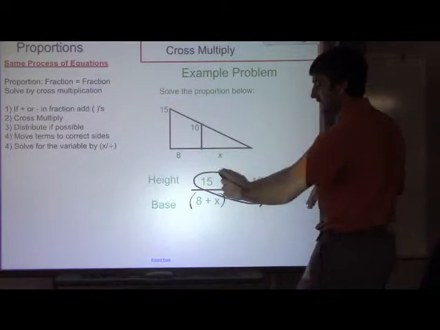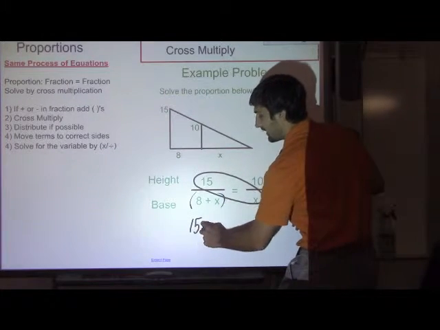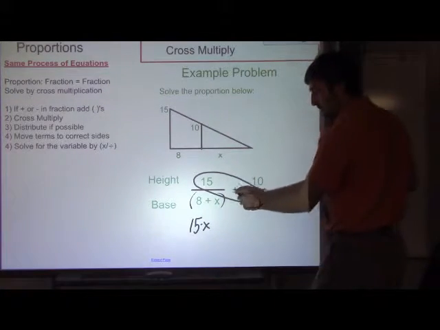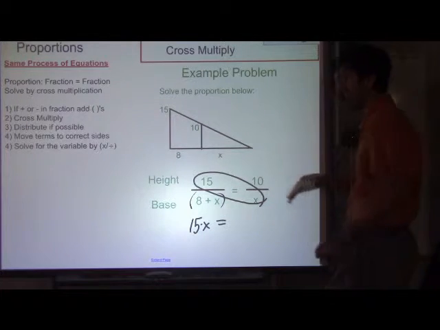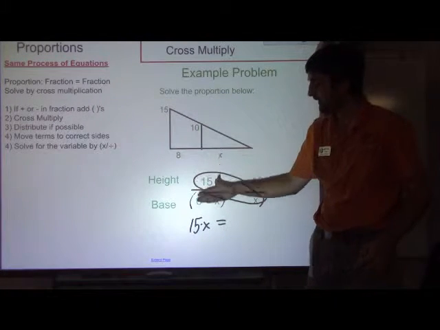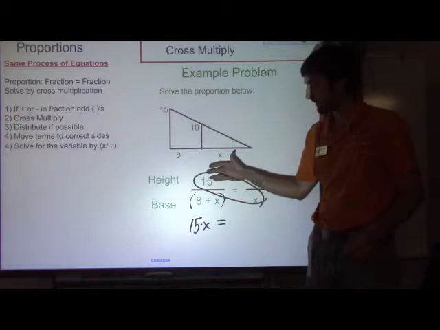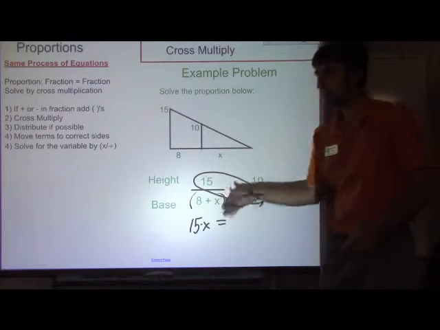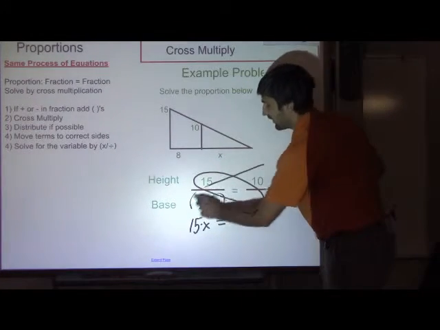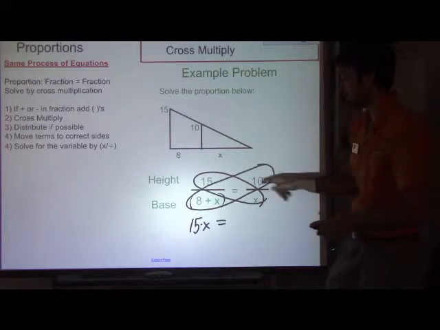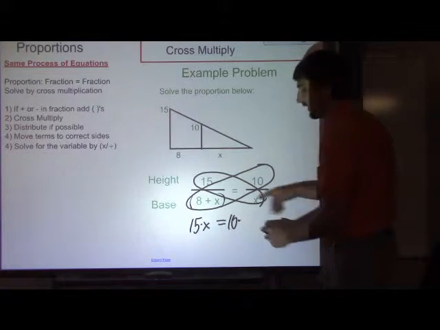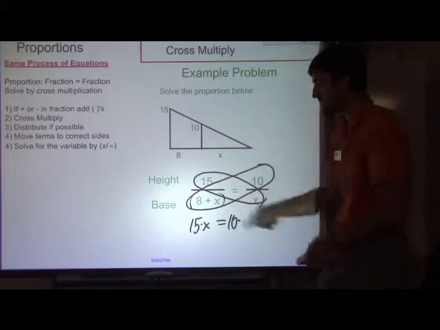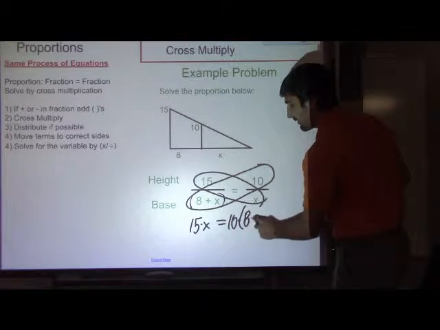That cancels out and you're left with 15 times x. Then you put an equal sign, equals, well, what's the opposite of dividing by 8 plus x? The opposite of division is multiplying. So you multiply by 8 plus x. Then on this side, you cross multiply, and you say 10 times, don't forget your parentheses, which we added, 10 times 8 plus x.